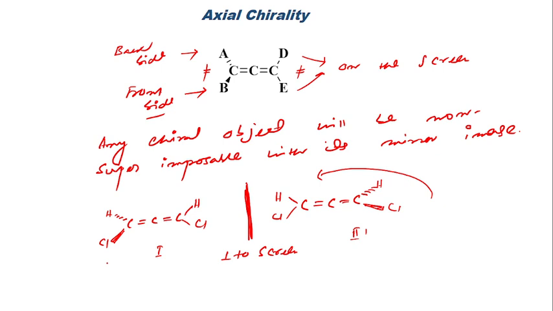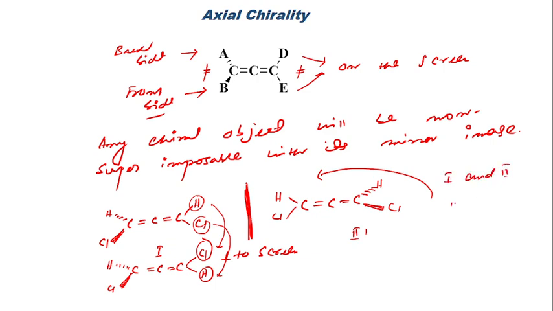Similarly, this is the H here, and this is the Cl here, C double bond C double bond C. Now this will get reversed, so here we have Cl, H. So this part is not superimposing. H will fall over Cl and Cl will fall over H. That is, 1 and 2 are not superimposable.